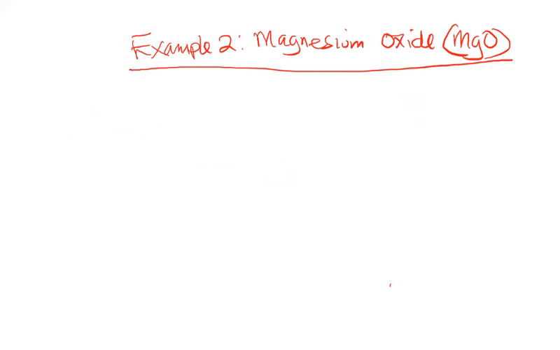Okay, so magnesium is 12. Oxygen is what? It is 8.